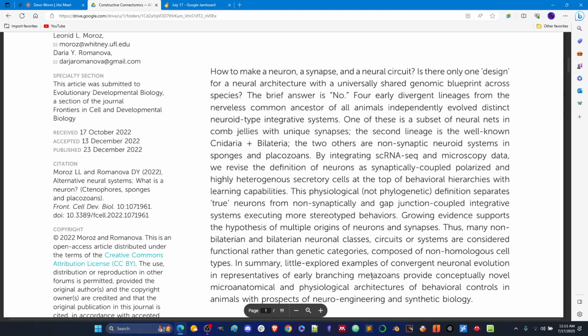There's a lot that is conflicting between transcriptomic profiles and the sort of things we can see under a microscope in terms of function or structure.